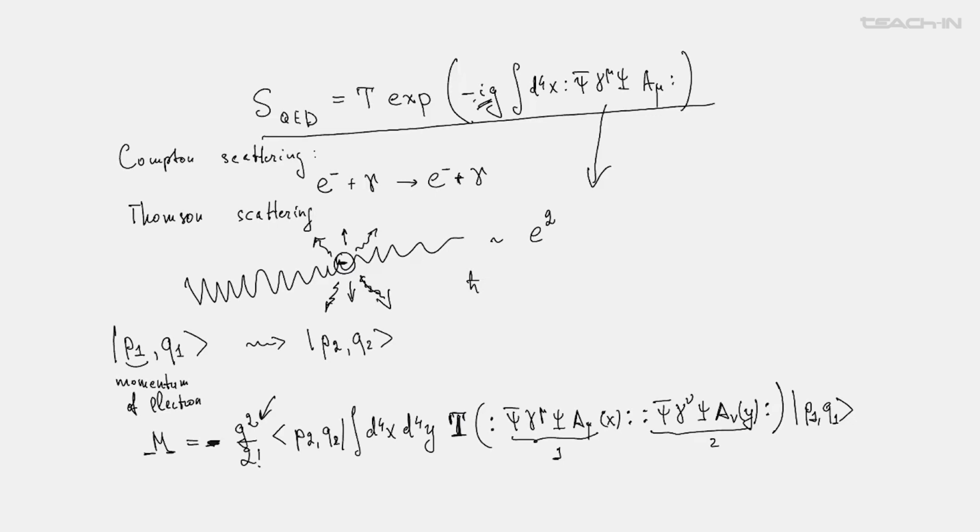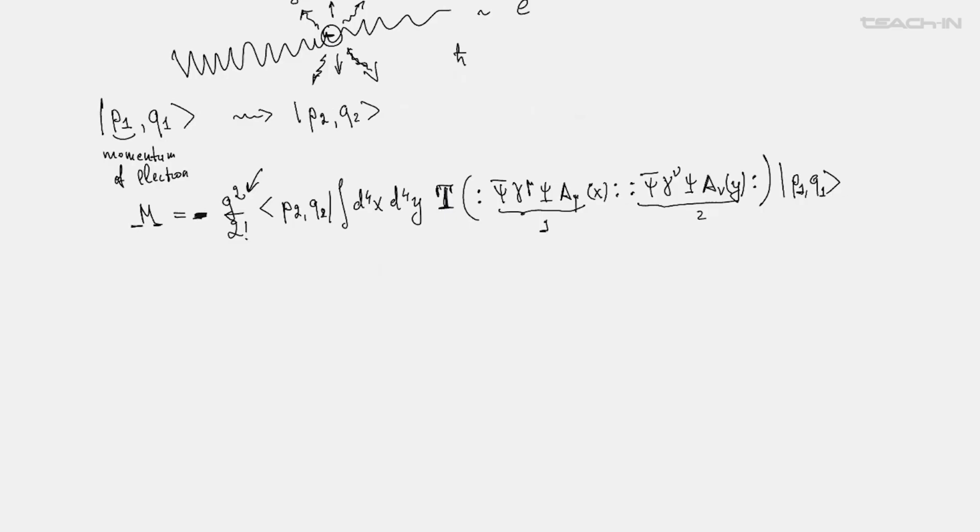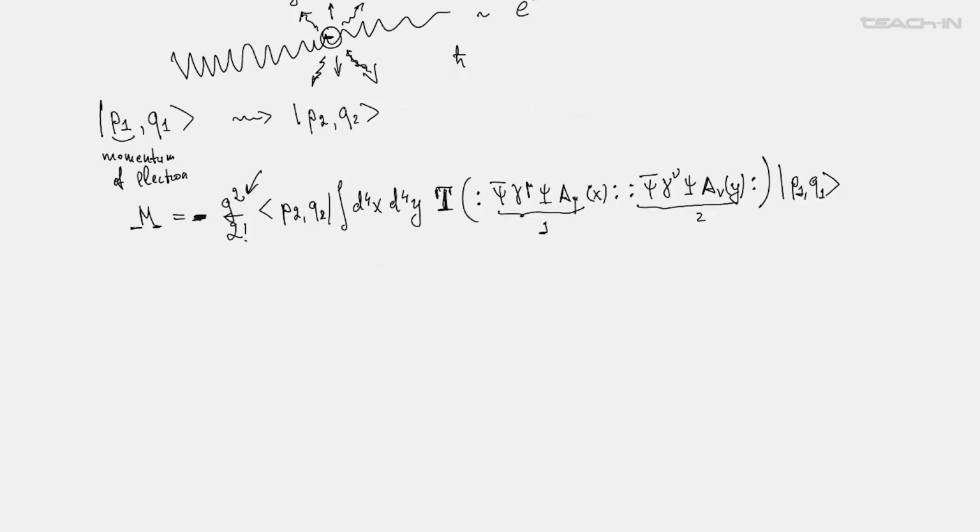Then how to proceed? We know that to compute the thing, we first have to transform the T-ordered product, the time ordered product of our interaction terms, into the normal ordered product. And of course, we do it with the help of the Wick theorem.